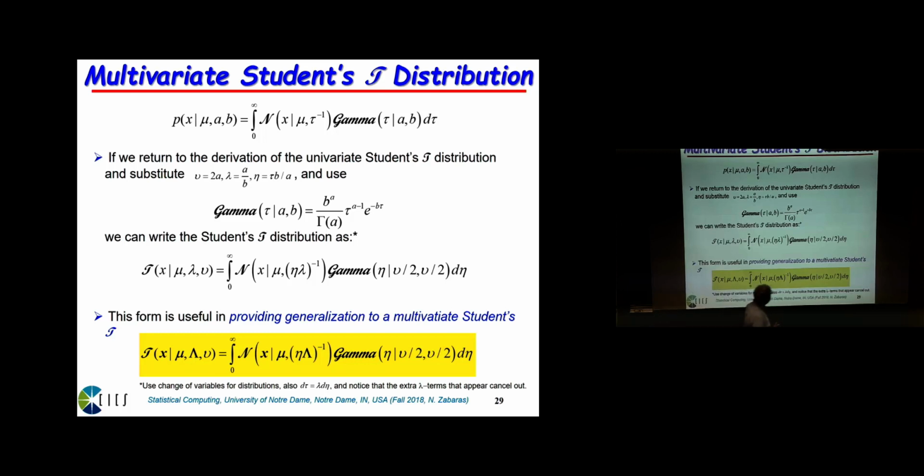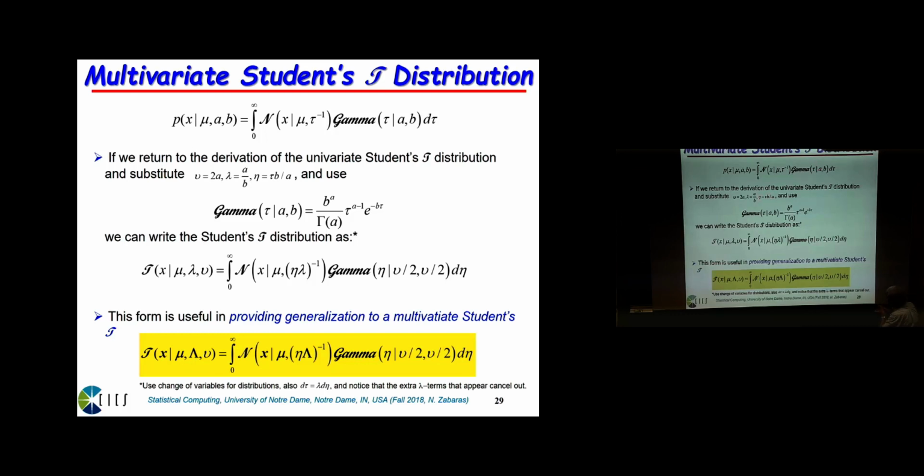Okay, and so what I'm going to do now is take this equation that we introduced, and we discussed lots of things about the univariate student t distribution, and I'm going to rewrite this integral with a transformation of variables the way that you see here. So you have to believe me that if you use these transformations, and you define eta to be some new variable, this is my variable tau.